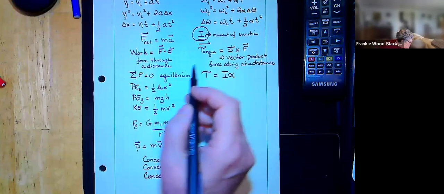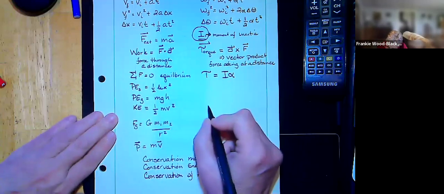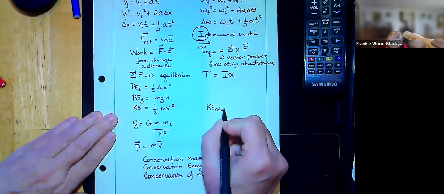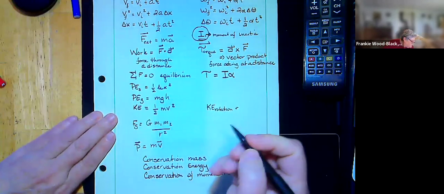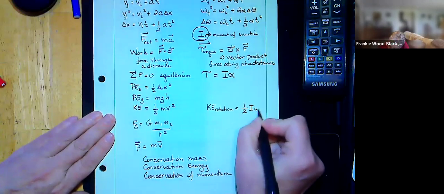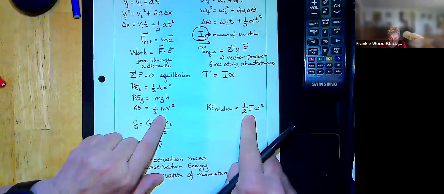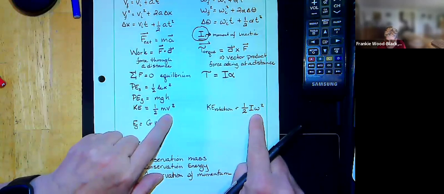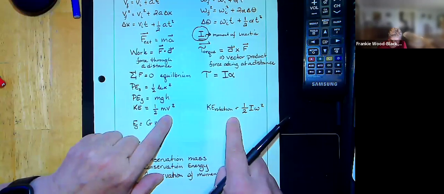Then we will also have our kinetic energy. Now, kinetic energy of rotation is going to equal 1/2 I omega squared. So again, you see that if I'm rotating, I have to deal with my moment of inertia, and I'm dealing with my rotational item. So this is my kinetic energy of rotation.